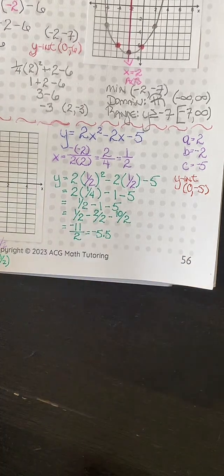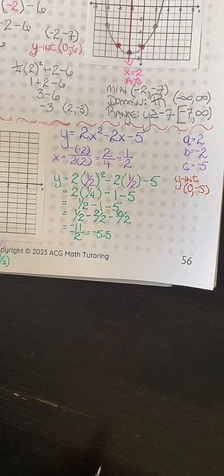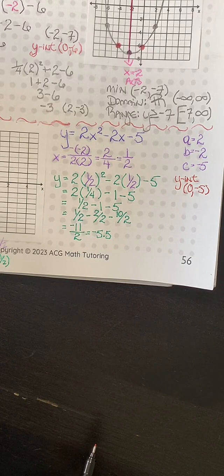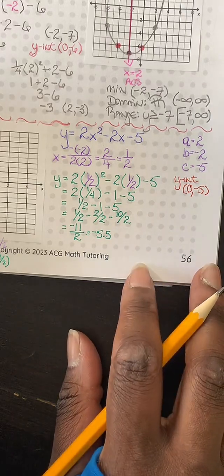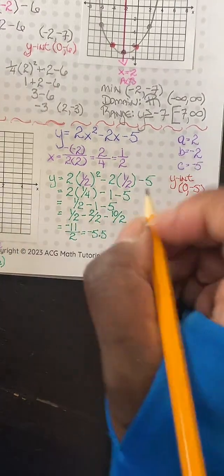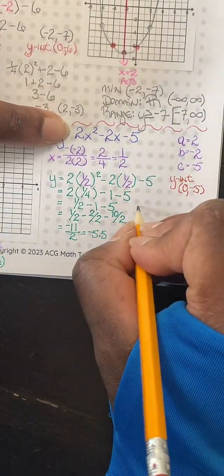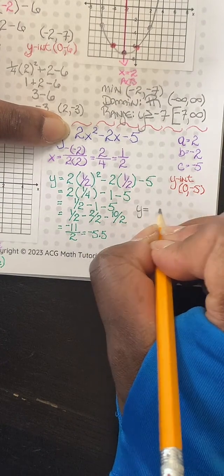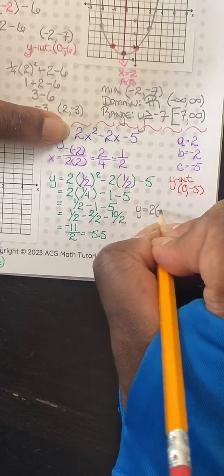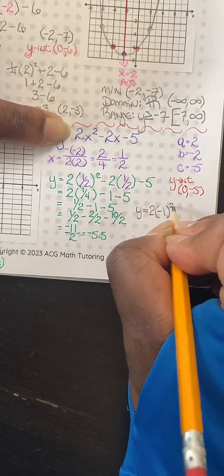All right. So now we need another point. Let's say, I don't know. Let's say -1. All right. So let's say -1. So I'm going back to my original and I'm plugging in -1.